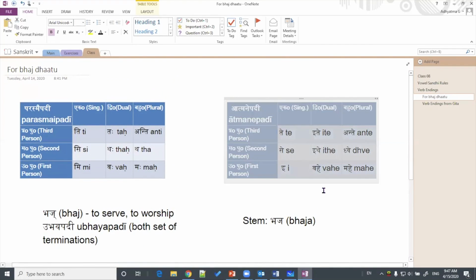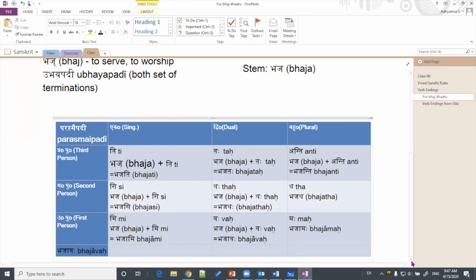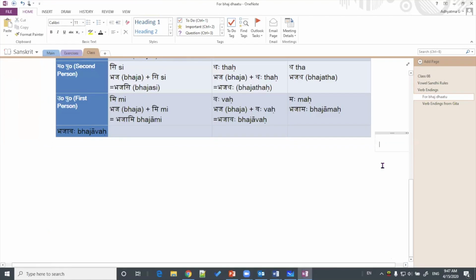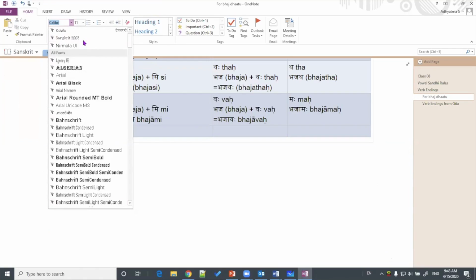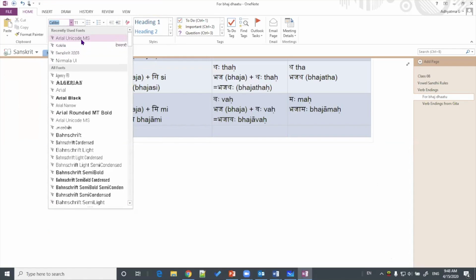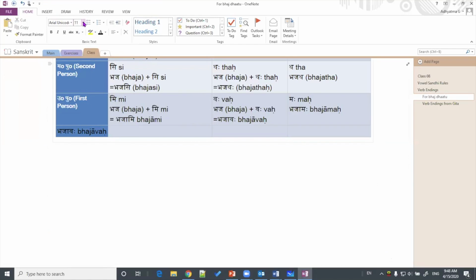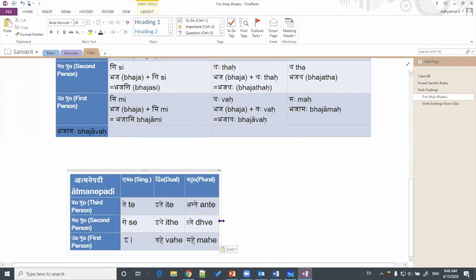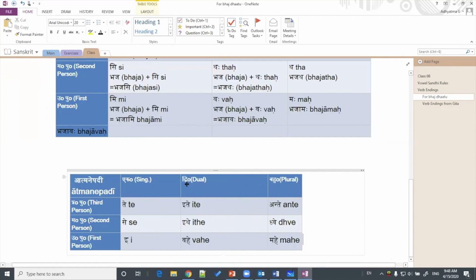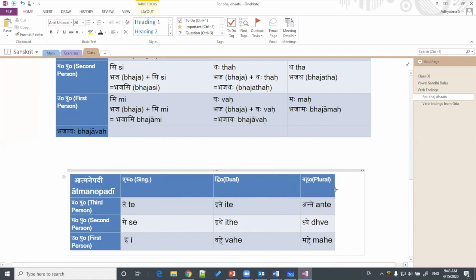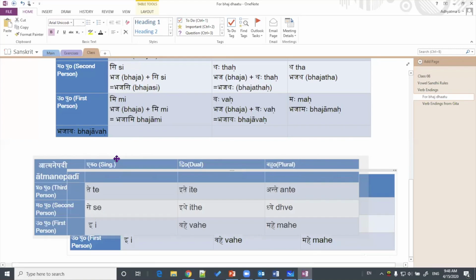So we'll take this table, make it a little bigger, and we'll do the same root, bhaj. So the stem remains the same.